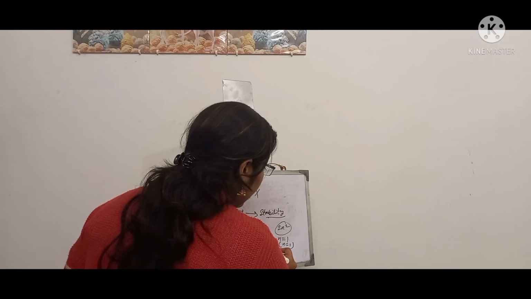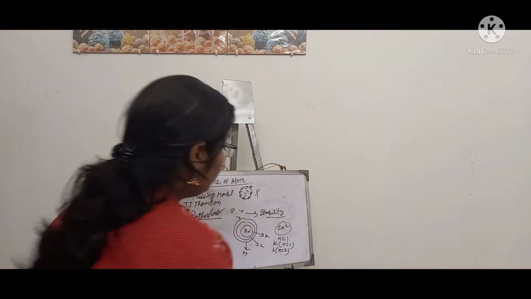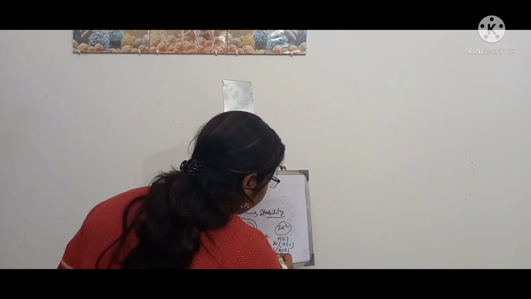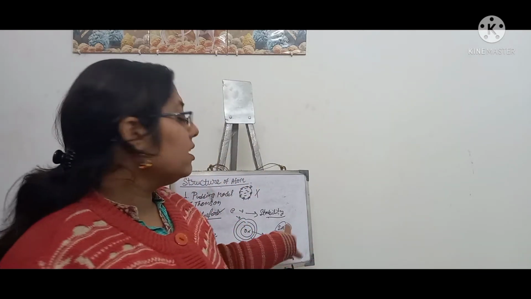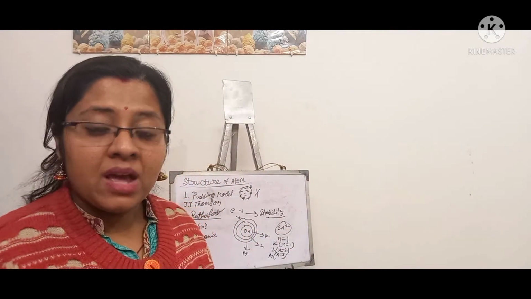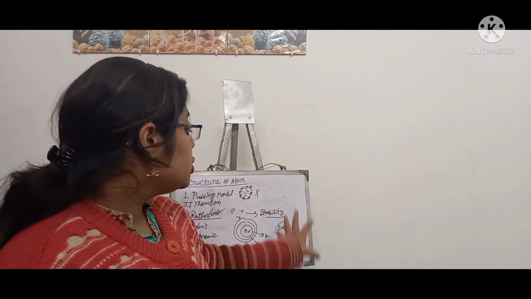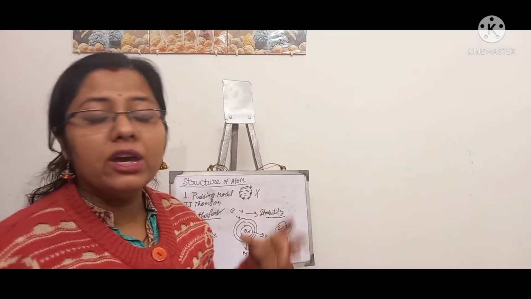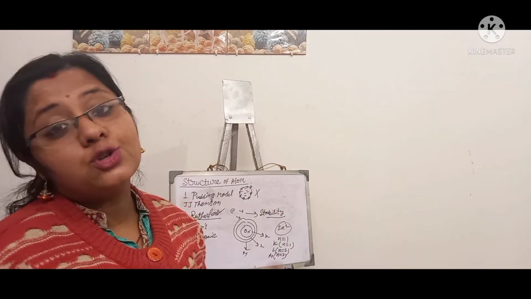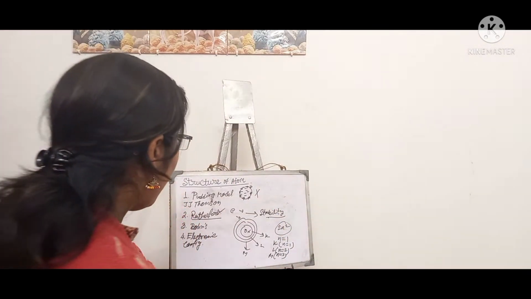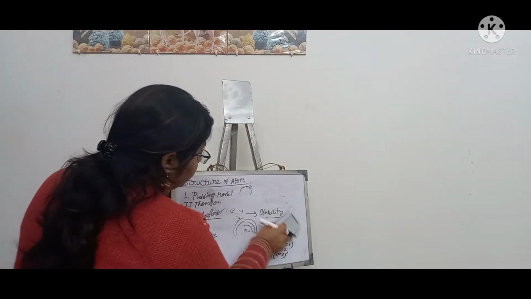L means n equal to 2. Next, M means n equal to 3. Now we apply the formula 2n square, putting in the values 1, 2, 3, 4, and we get the maximum electron holding capacity. How? Let's see.